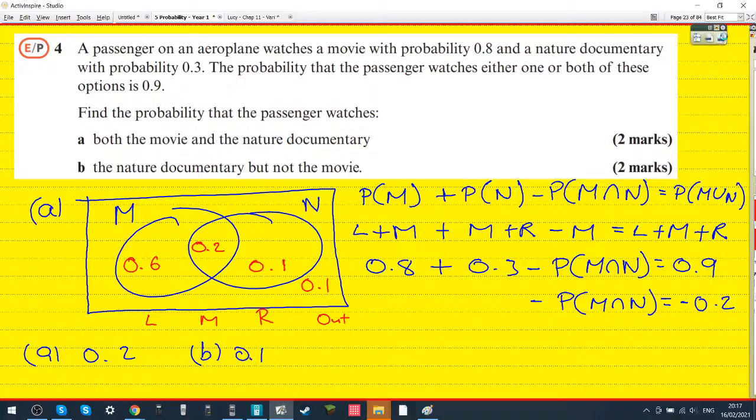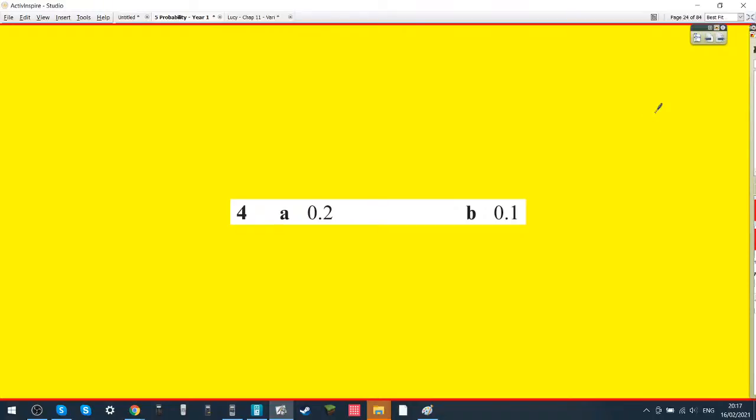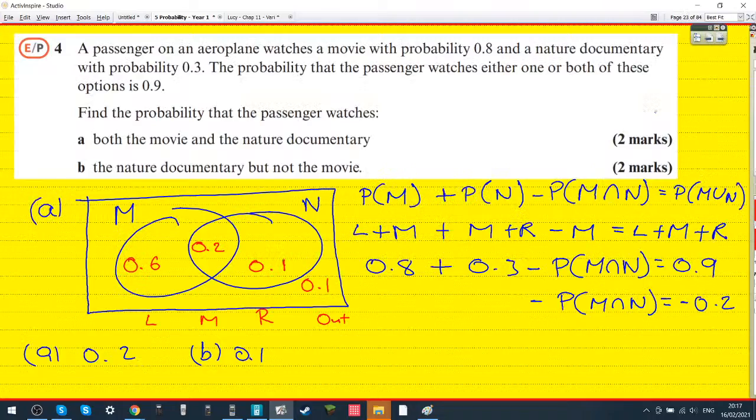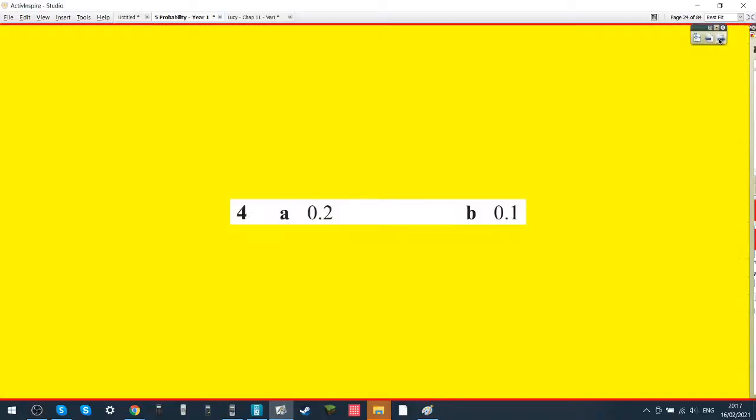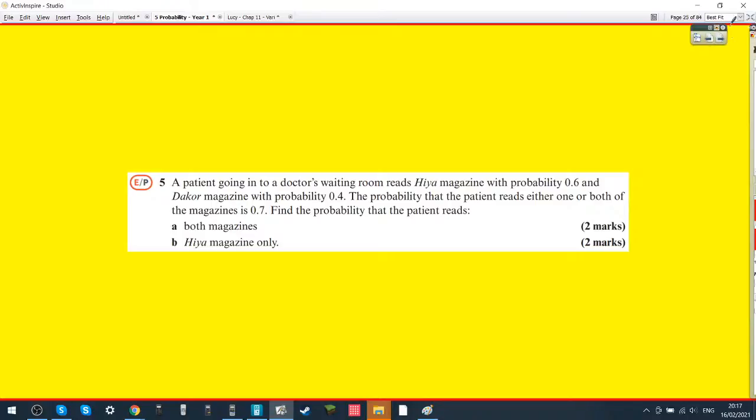Looks good. Well done. 0.2, 0.1. So you need the diagram, and this formula is used, but it's not really explained where it comes from. It's basically probability of A plus probability of B minus probability of both equals probability of either, because you've got the middle twice, and so if you take it away once, you get left, middle, right. Yeah, that's how I think of it.